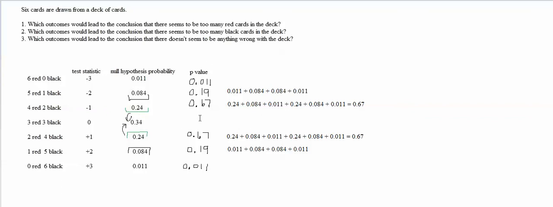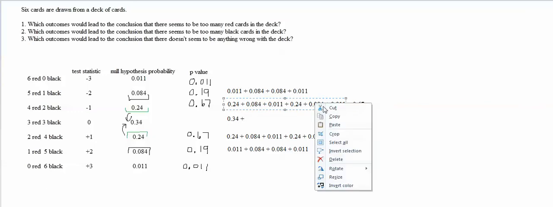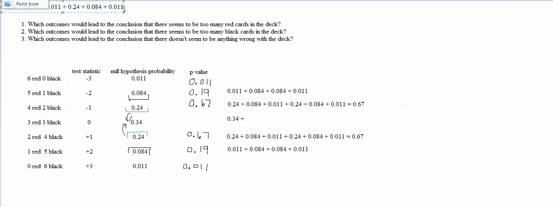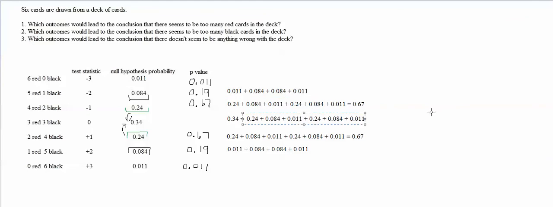So now for this middle one, add all 7 numbers. So it's 0.34 plus all of this. It's all 7 numbers. And it should come out to 1.